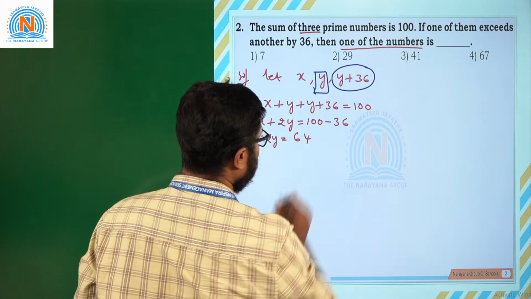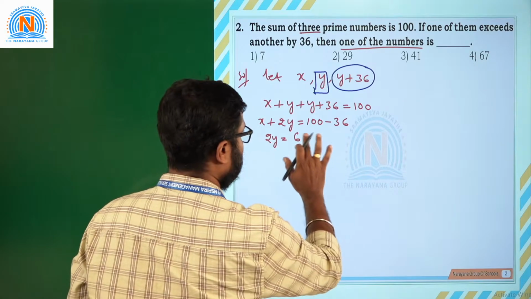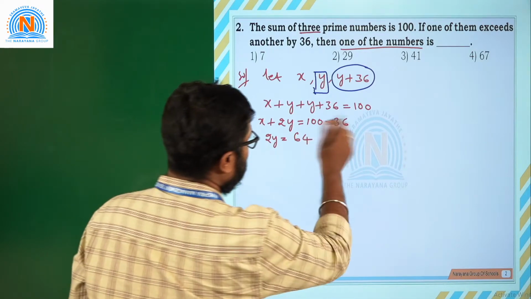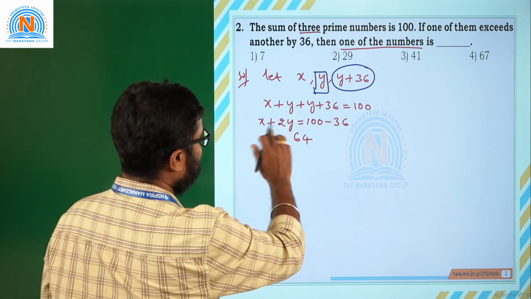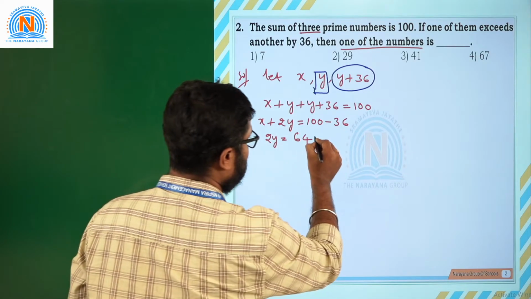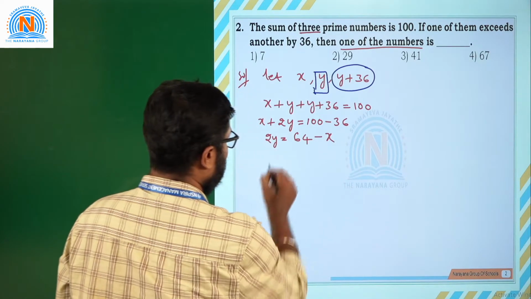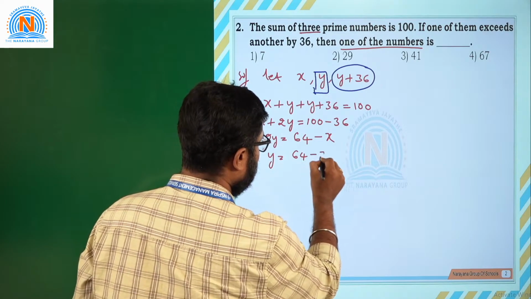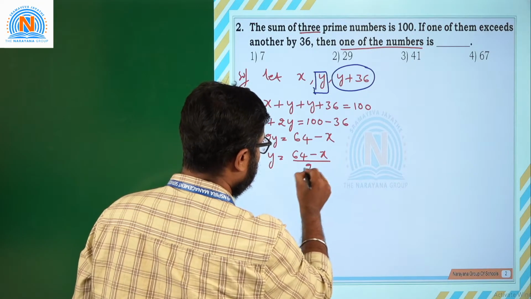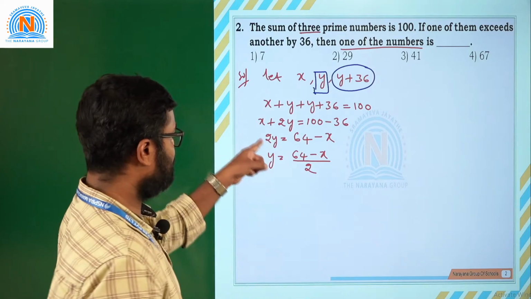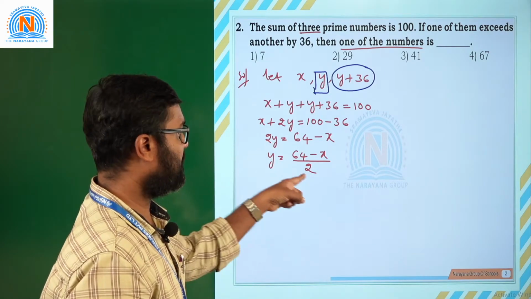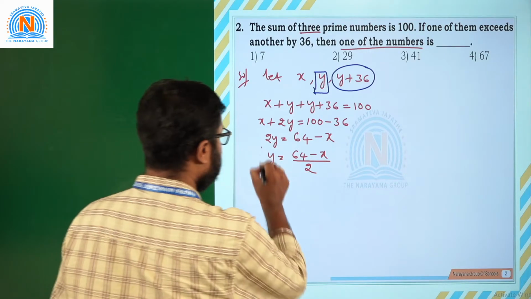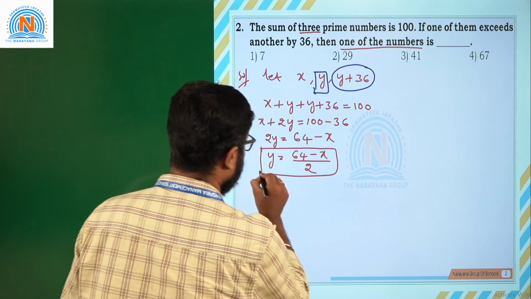Now x will transpose to the RHS and become minus x. Now y is equal to 64 minus x by 2. So 2 is transposed, it is multiplied and it will be divided on the other side. So now this is our equation.